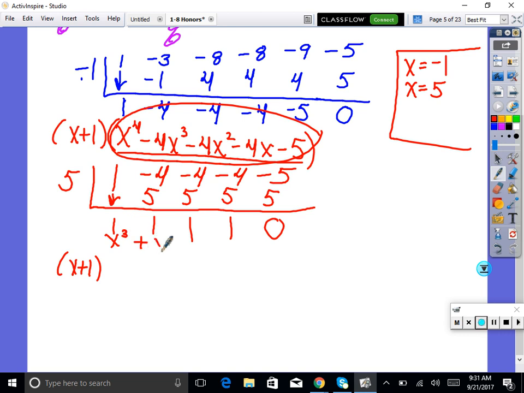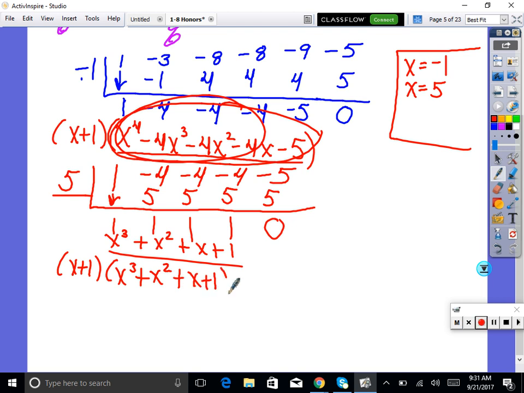X cubed plus x squared plus x plus 1. Is everybody following me? So once again, that piece that I just circled became this times this. Here we go. X cubed plus x squared plus x plus 1. And then we had our x minus 5. That's what the circled thing factored to be.